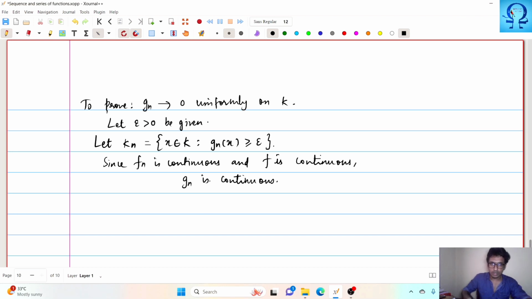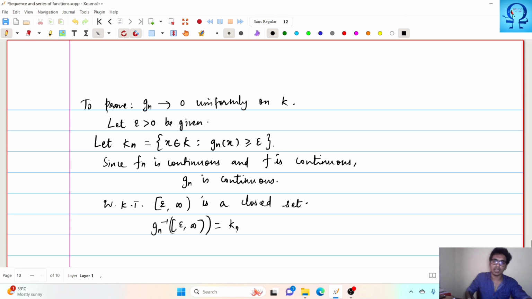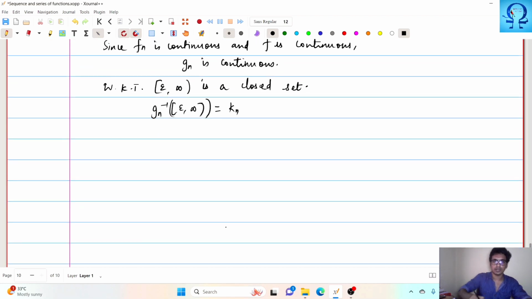We know that epsilon comma infinity is a closed set. What is Gn inverse of this closed set epsilon comma infinity? This is nothing but our Kn, right?